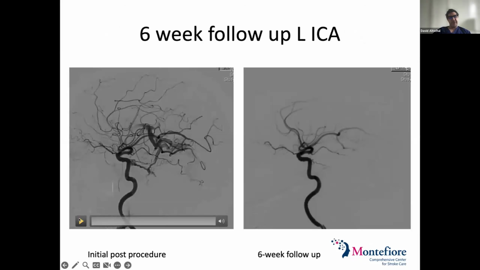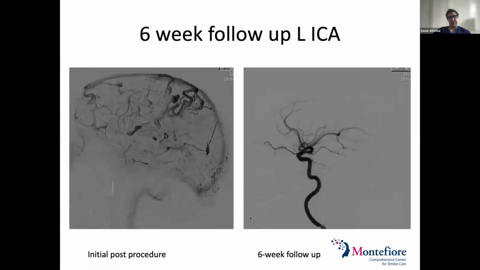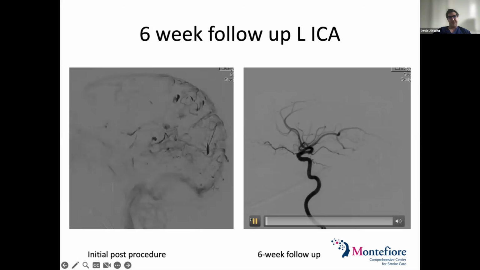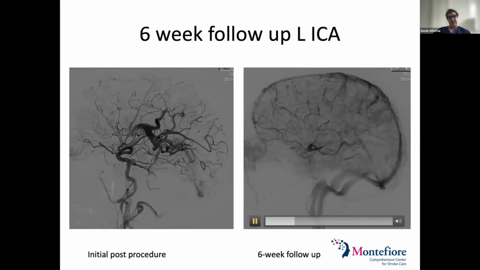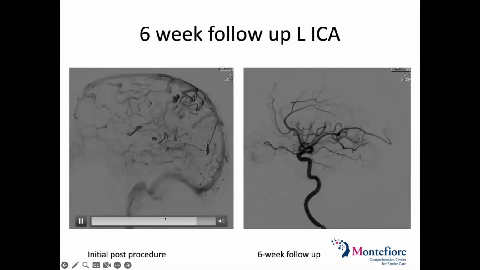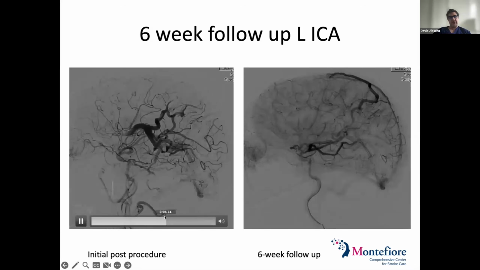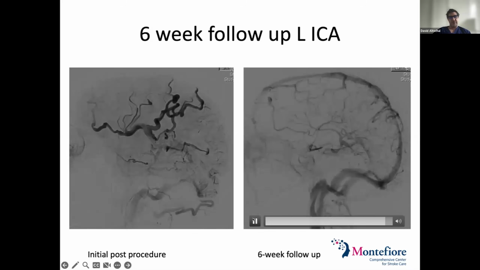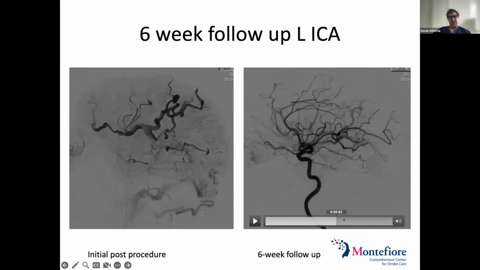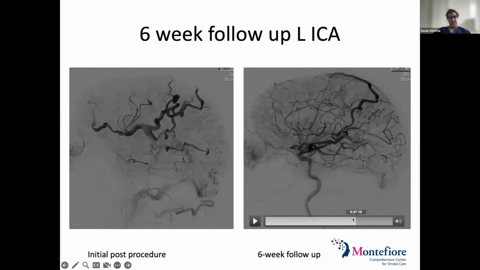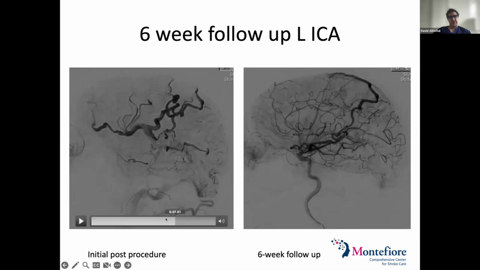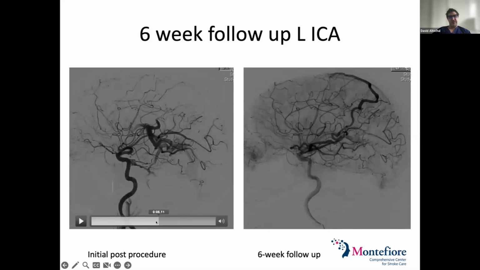We were able to get him through that stage and bring him back for a second stage, where my plan was to go transvenous through this cortical vein. You can see there were some changes between the two images. Let me pause this so you can see. There was already considerable slowing down of the shunt from the initial post-procedure to the follow-up.